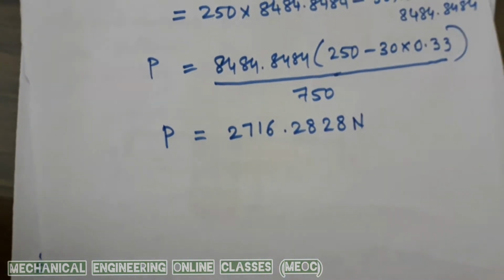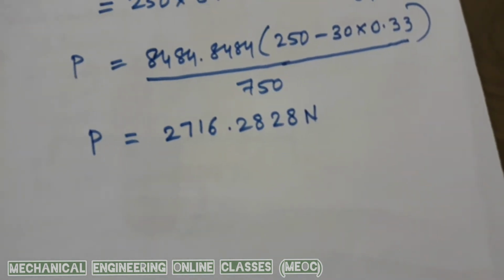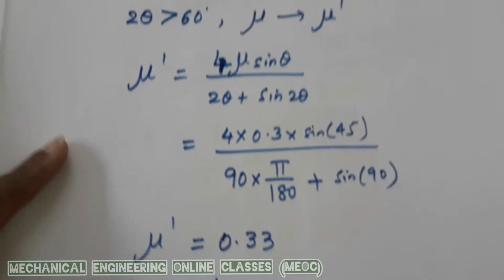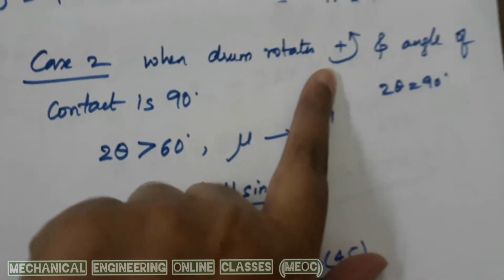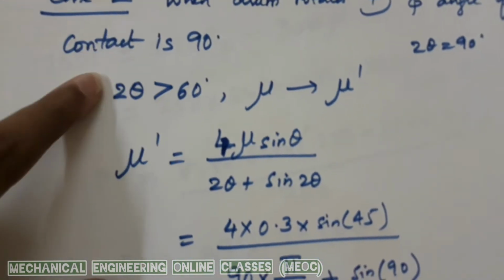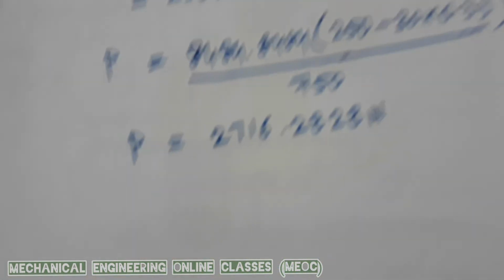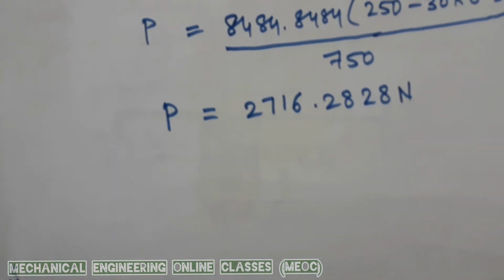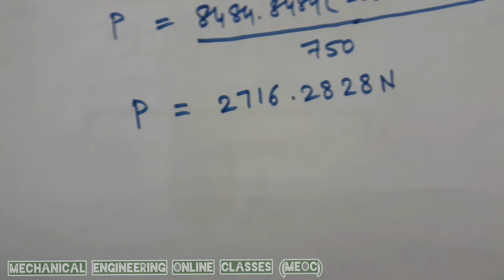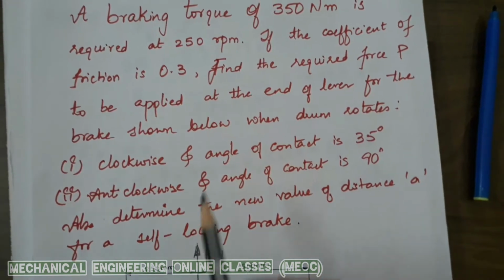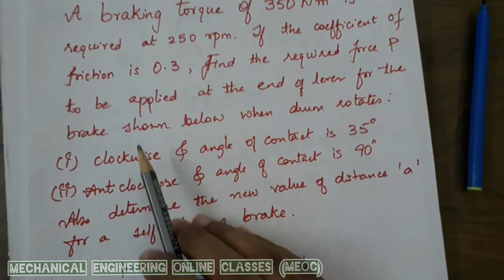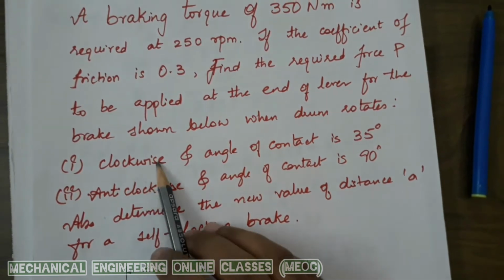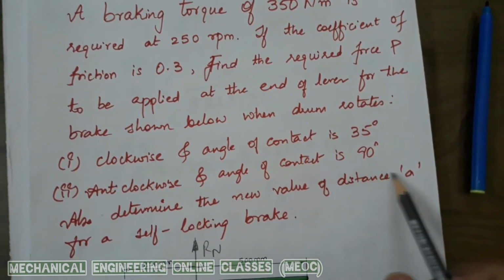So P, which is the applied force in case the drum is rotating in an anti-clockwise direction and the given angle of contact is greater than 60, then the required force to apply the brake is 2716.2828 newtons.